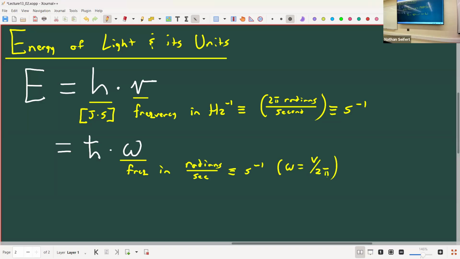Right, so they're related by a factor of 2 pi. And that's where that h bar comes from. Right, h bar is h over 2 pi. It converts between cycle frequency, which is what we typically measure in an experiment, and omega, which is a more convenient unit when you're working with angles, sines, and cosines.